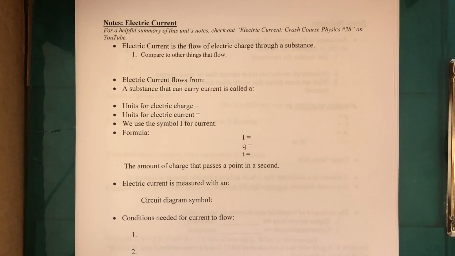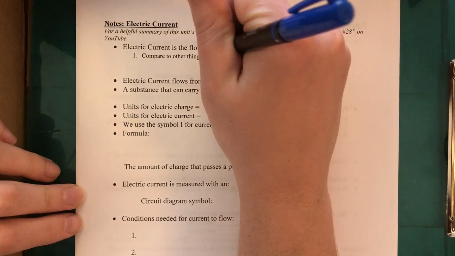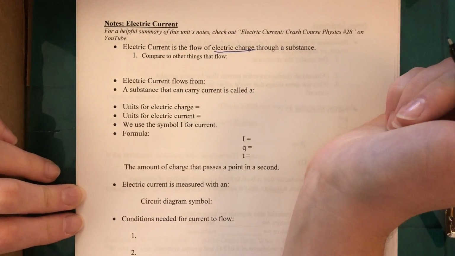So, the next unit that we were going to start on Monday, but I guess we'll start it now, is electric current. You guys know all about electric charge now. So now we're going to talk about what happens when those charges move around. So current is the flow of electric charge through a substance.